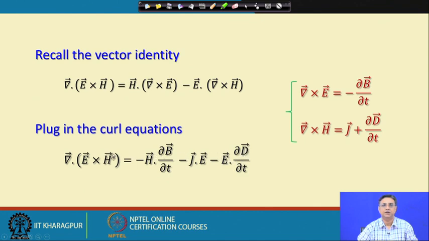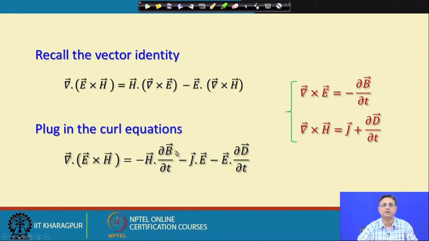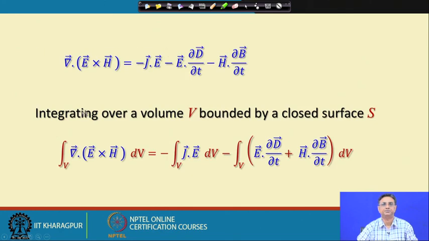So, this is the equation which involves the divergence of E cross H. So, let us look at this. Del dot E cross H equal to minus J dot E minus E dot del D del t minus H dot del B del t. We have just rearranged this equation in a fashion that we have taken these two quantities together, which are alike, and this quantity we have placed separately.